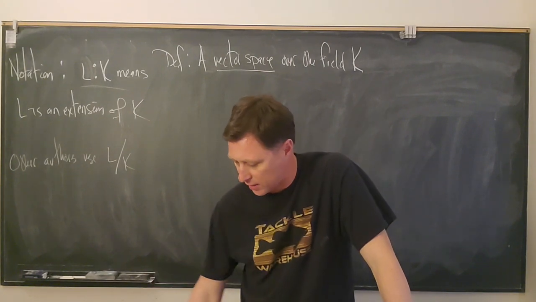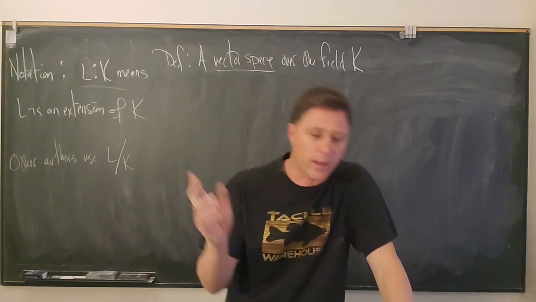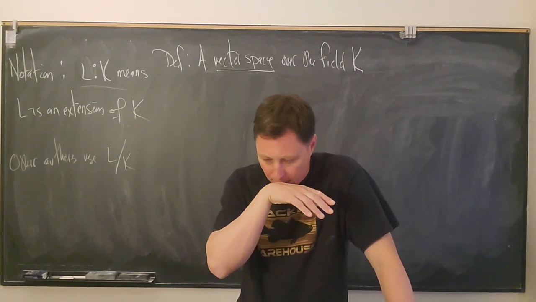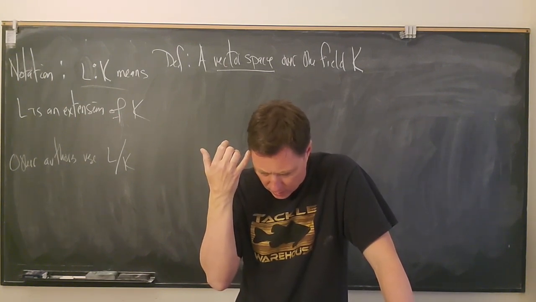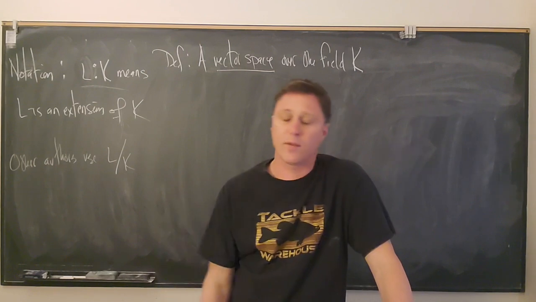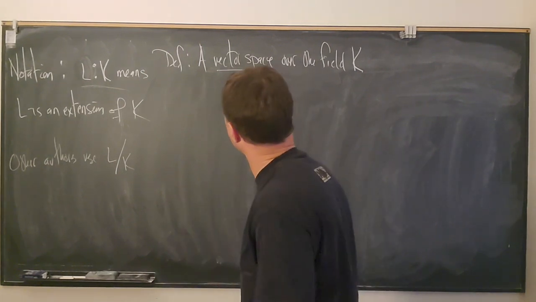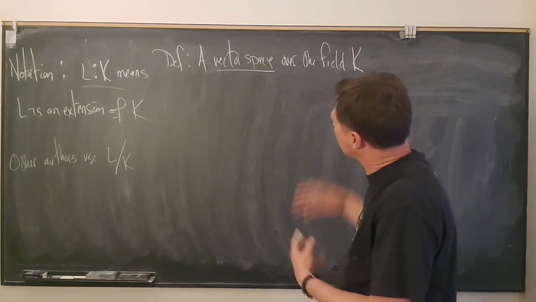I always forget which the axioms are and what order they go. There's too many axioms. But from a more advanced point of view, the definition actually gets a lot cleaner.